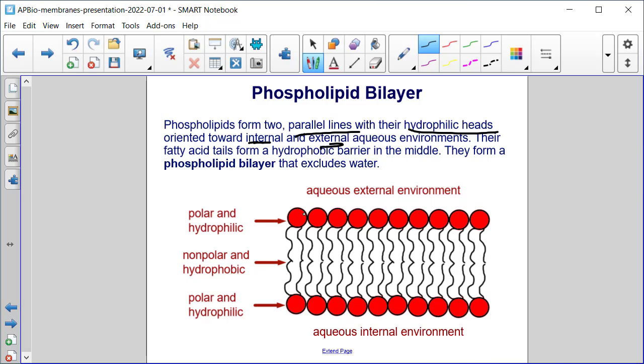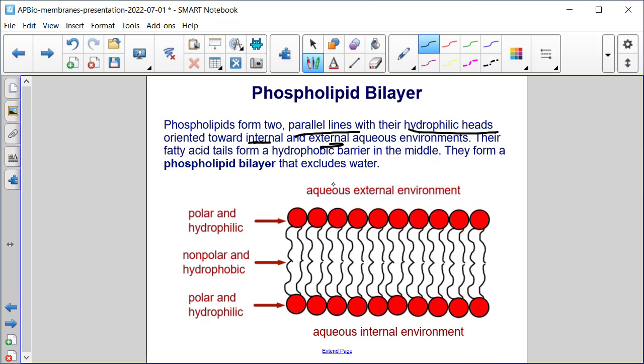So look, here's a hydrophilic head. Here's a hydrophilic head. On this side is some internal aqueous environment, maybe the inside of a cell, let's say. And outside is another aqueous environment, but it's external to, let's say, what's being contained in the cell.